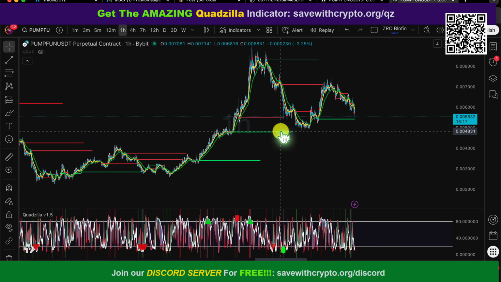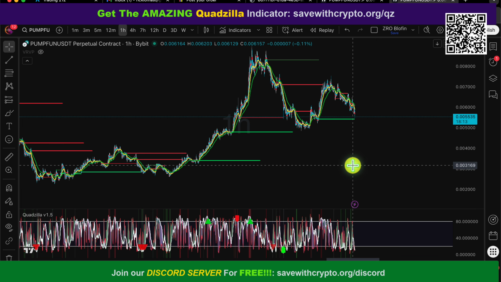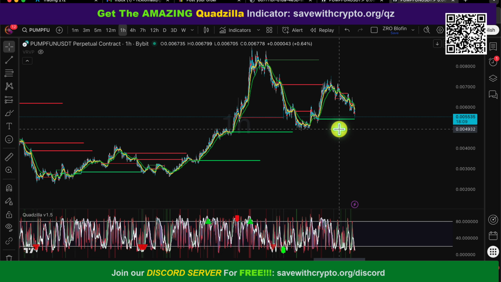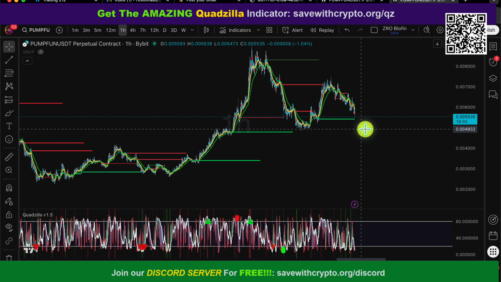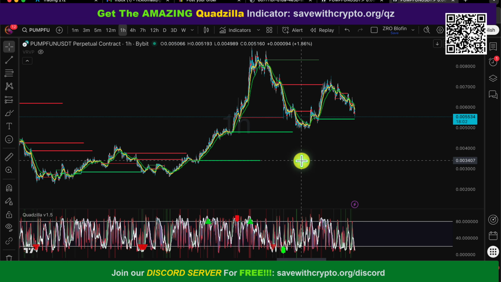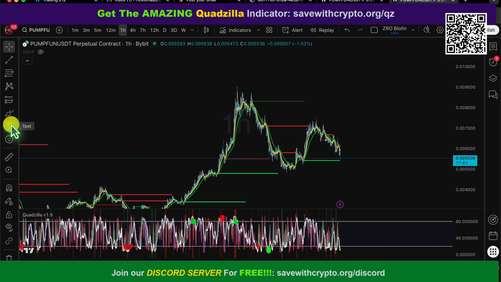And kind of this one here actually at 0.0048 as well. So I'm going to see what happens when we get to this retracement level here, and possibly think about taking a long there. If that falls through there, though, I'll be looking at that level and then that level. Something I've never traded before, but I think it might be okay just to make a bit of money with. Anyway, that's what I'm doing.